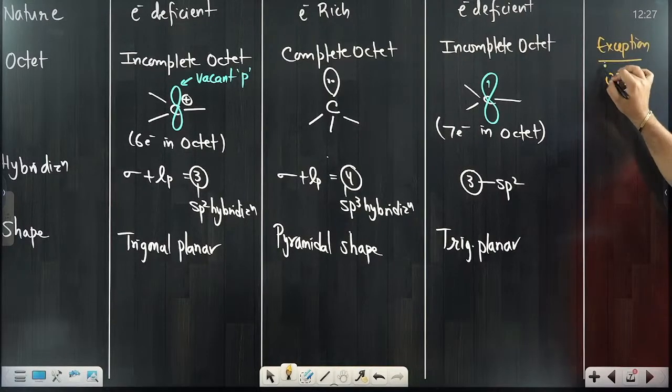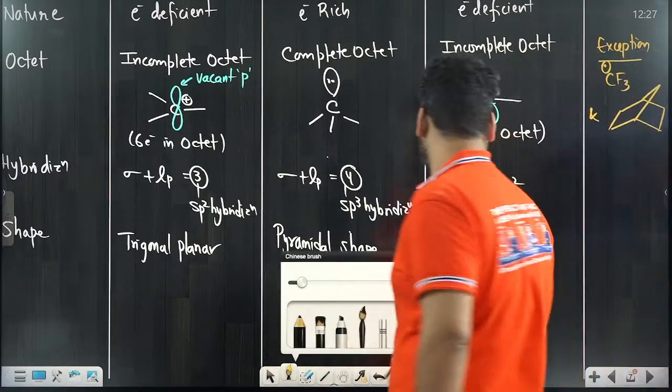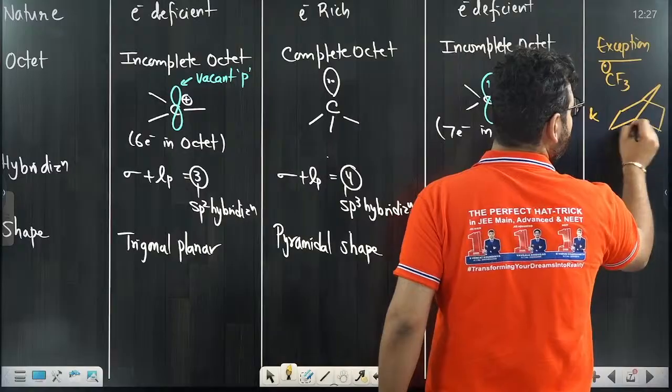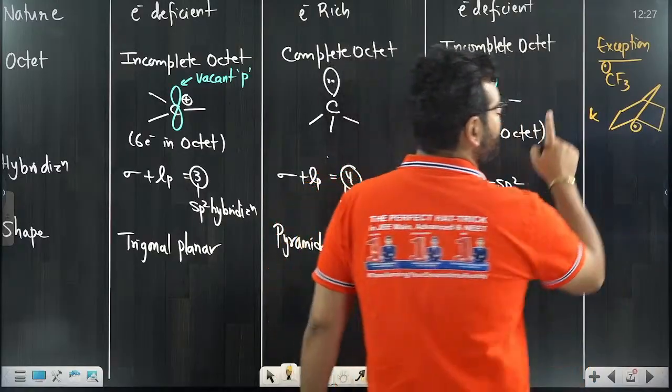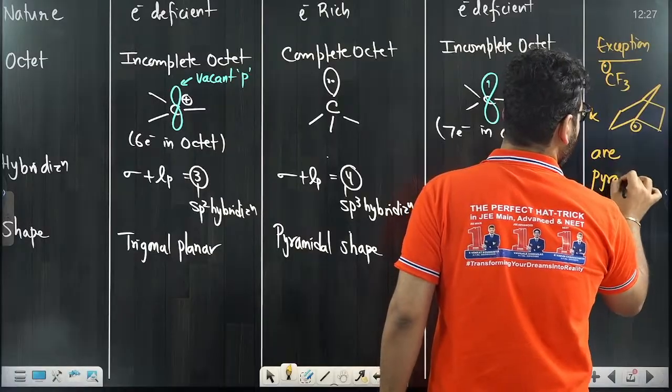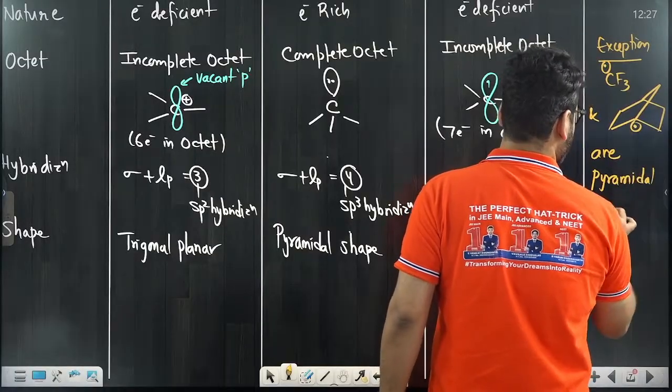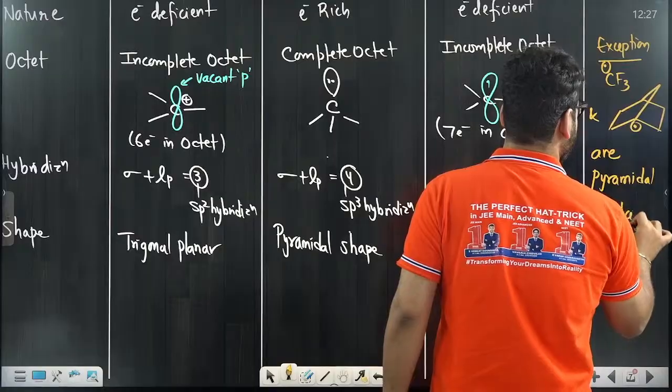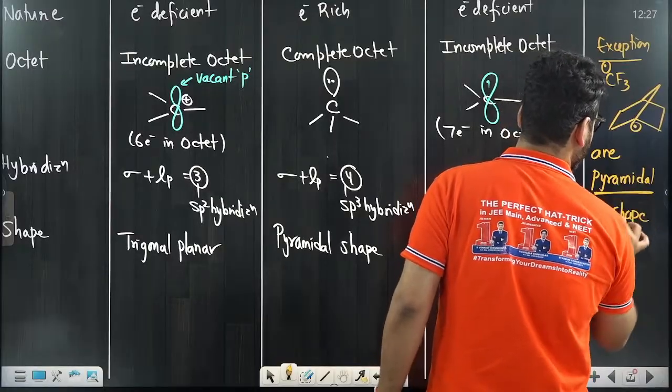CF3 radical. And one more radical is there, which is bridgehead radical. I showed you what is bridgehead carbon in tautomerism. So CF3 radical and bridgehead radical. If a radical is there on the bridgehead carbon like this, these two radicals are pyramidal in shape. Completely an exception that you need to remember.